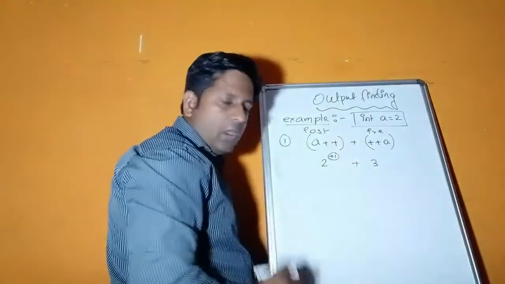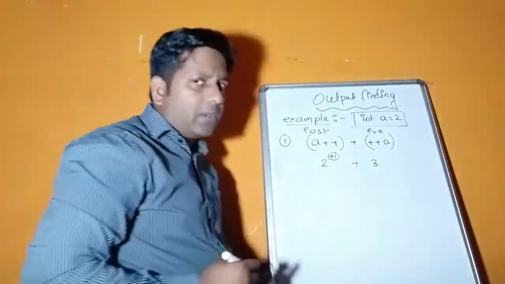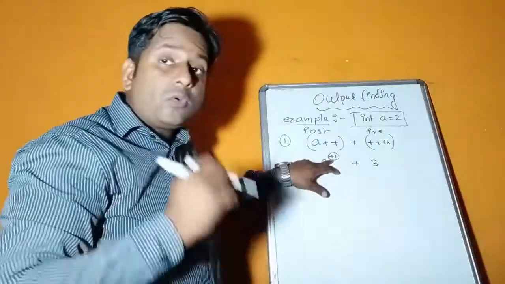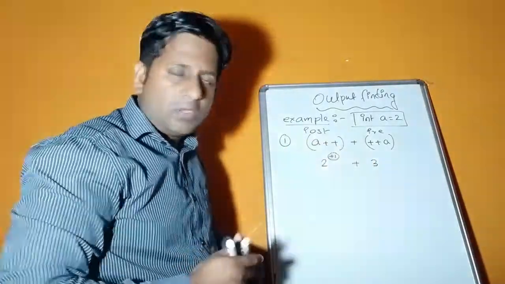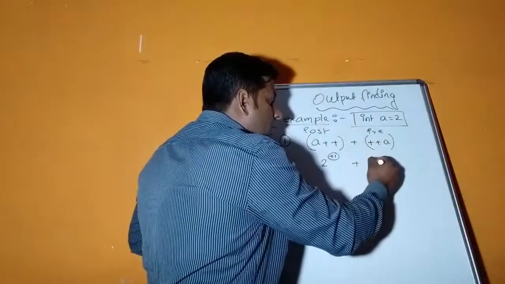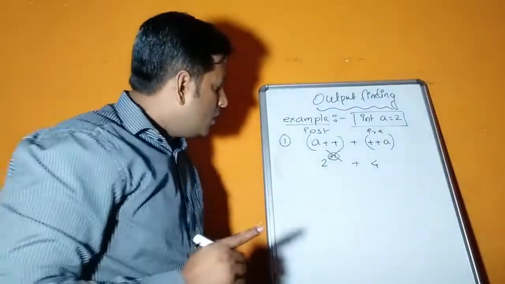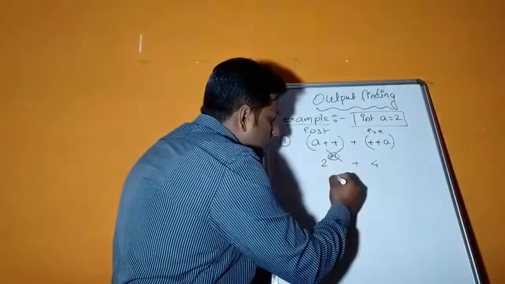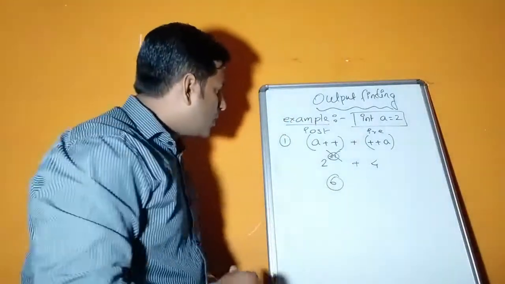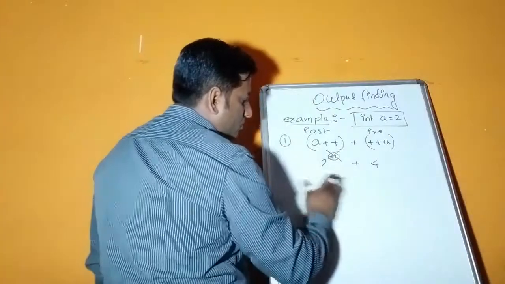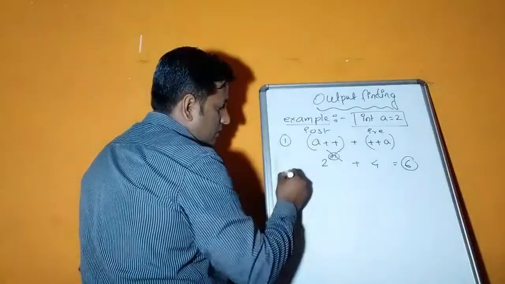Now we see if the carry is there or not. We have the carry, and it is for a, so we add it here. So 3 plus 1 becomes 4, and this carry is removed. Clear, children? Now we add 2 plus 4 becomes 6. This is the final answer. Okay, let us do one more example. Say, second example.